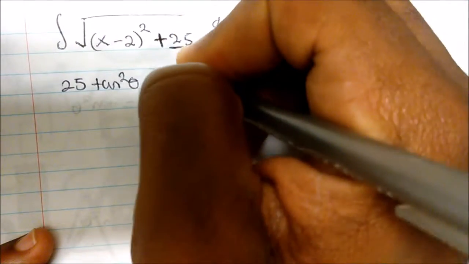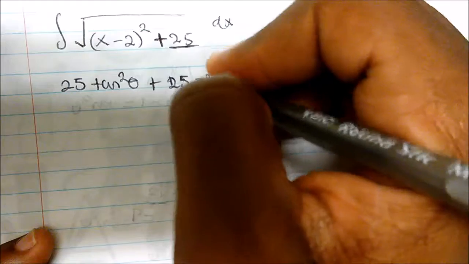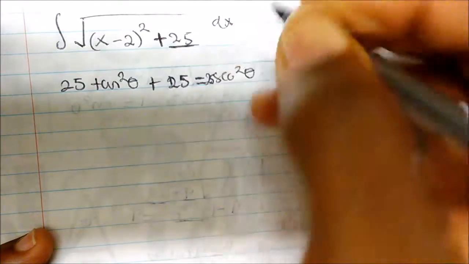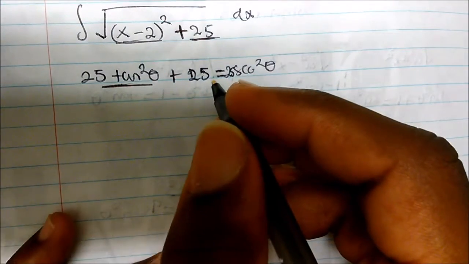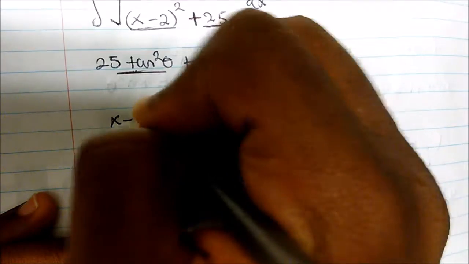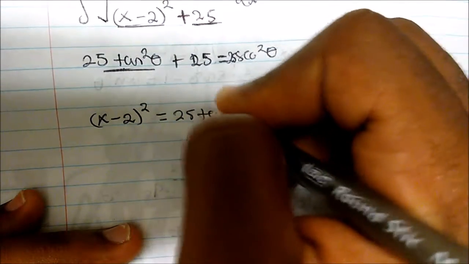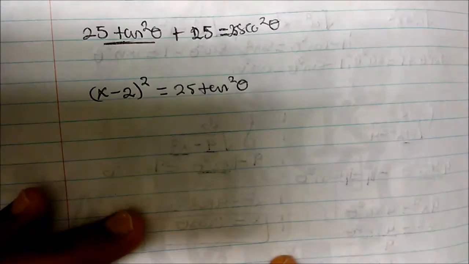And so we have to replace 25 in front of everything in the identity. Now we know that 25 tangent squared of theta maps to x minus 2 squared. And so we can set them equal: x minus 2 squared is equal to 25 tangent squared of theta.